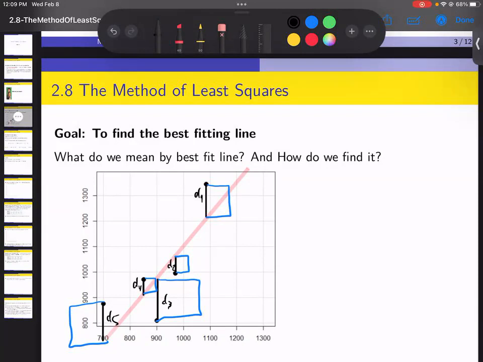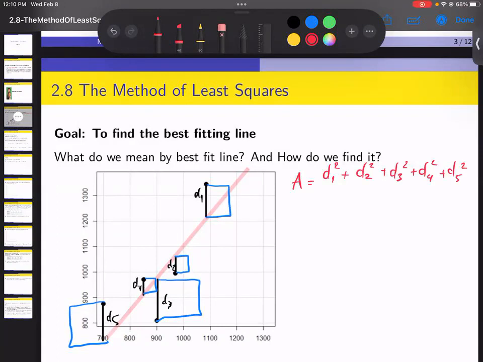Say the area of the first square will be what? D1 squared, D1 times D1. The area of the second square will be D2 squared, plus D3 squared, plus D4 squared, all the way to the last one, which is D5 squared.